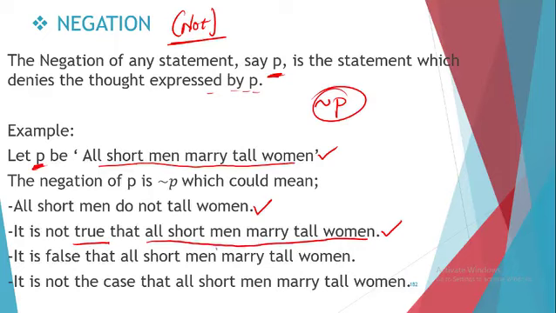We can as well say it is false that all short men marry tall women. And also we can say it is not the case that all short men marry tall women. So negation implies the opposite of a sentence. All short men marry tall women, then it is not all short men that marry tall women.